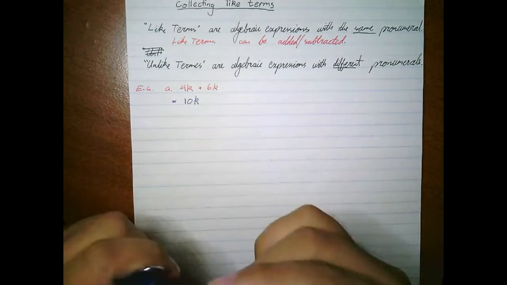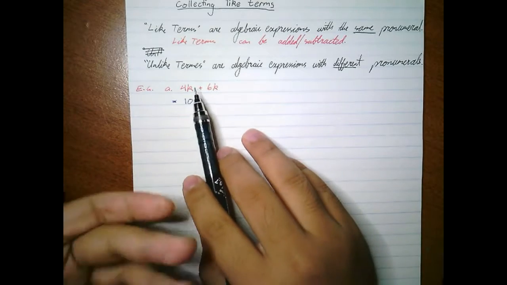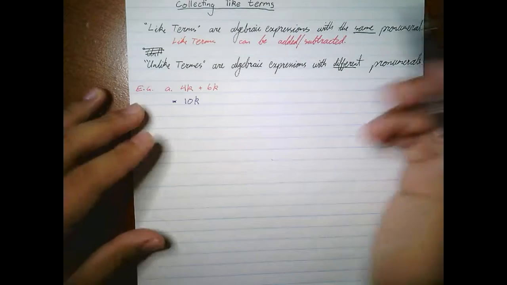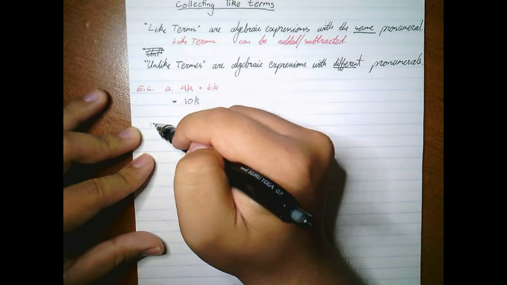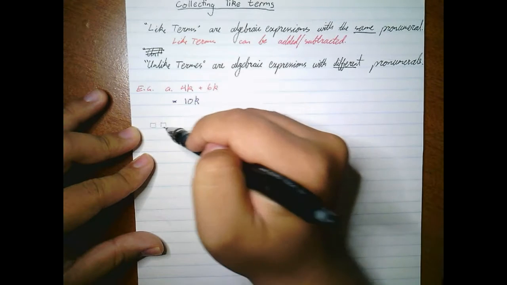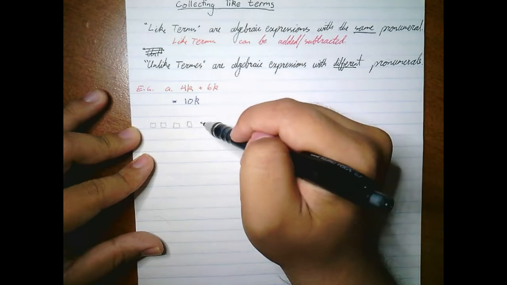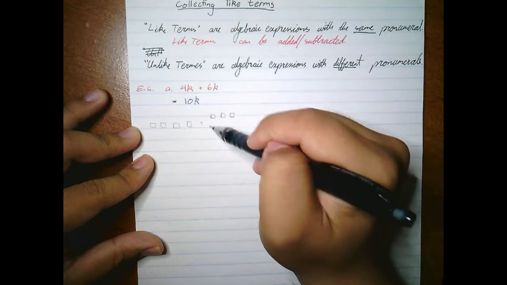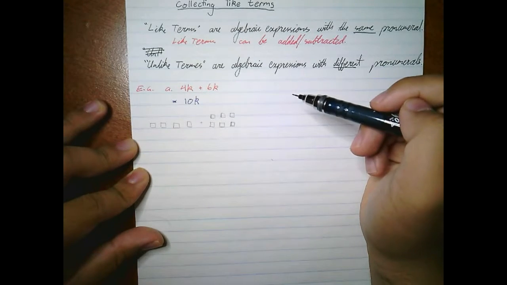If you're wondering how to make sense of this, remember letters represent things. Let's pretend this one is 4 boxes, that's 1, 2, 3, 4 boxes, and this is 6 boxes, 1, 2, 3, 4, 5, 6.